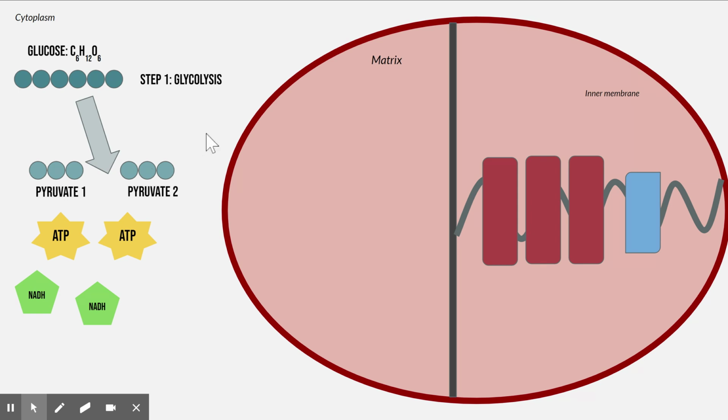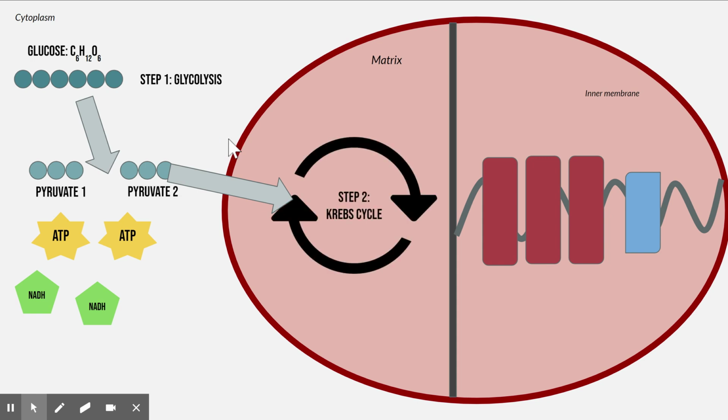Next, let's see what happens during step 2. Before step 2 begins, the pyruvate moves into the mitochondrial matrix. You can see this arrow is showing us that pyruvate 2 is moving into the mitochondrial matrix. It then begins step 2, known as the Krebs cycle. During the Krebs cycle, for each pyruvate that enters the matrix, 3 carbon dioxides are produced, 1 ATP, 1 FADH2, and 4 NADHs.